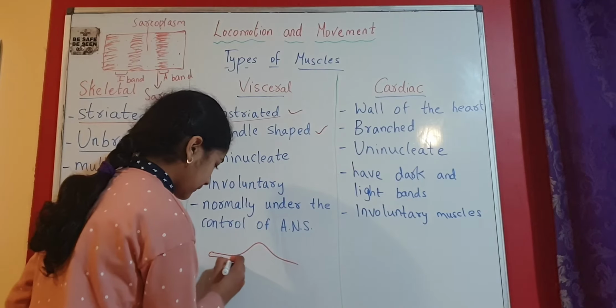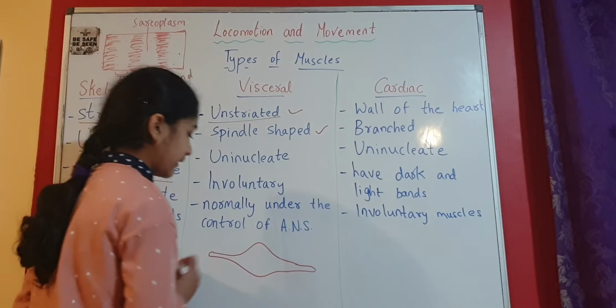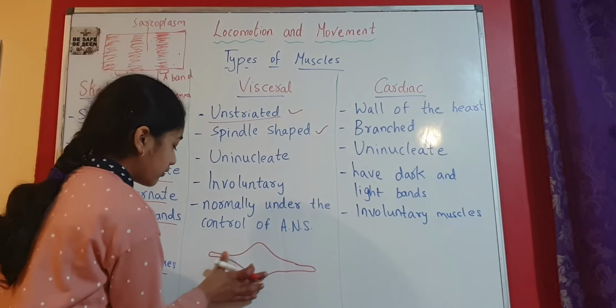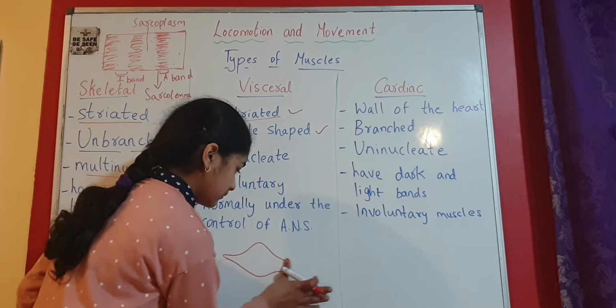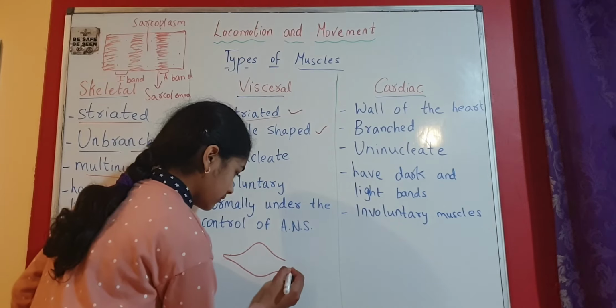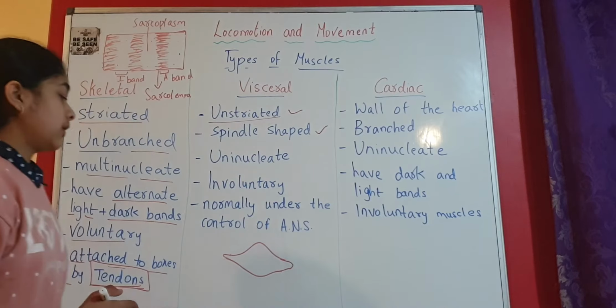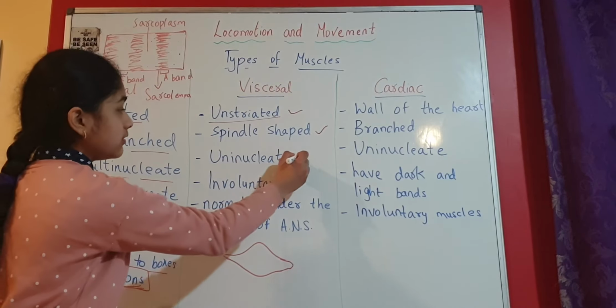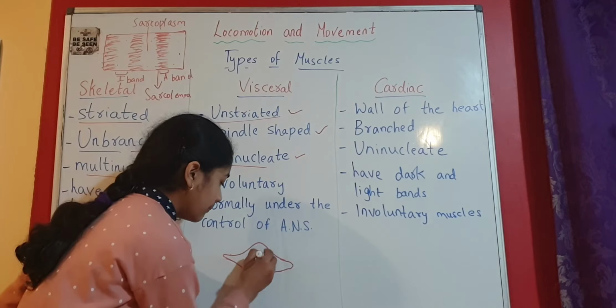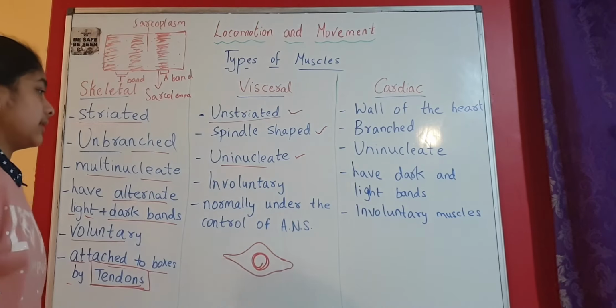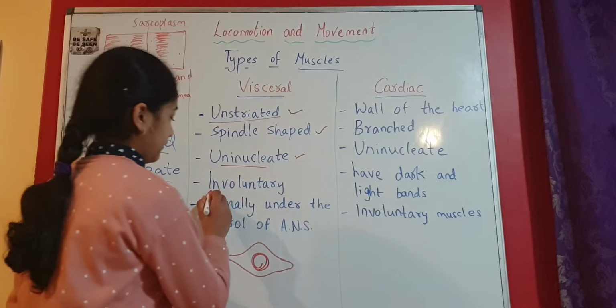They look like this. So these are more or less spindle shaped. And it is uninucleate. That means it has only one nucleus, not more than that. So we have a big nucleus here, and it's involuntary.